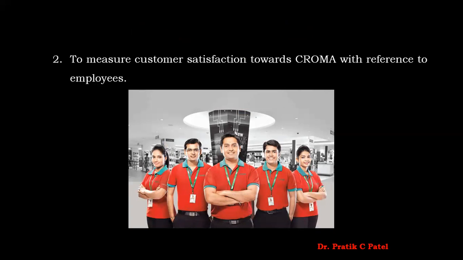Second group of variables was with regard to employees. So you can write the second research objective as to measure consumer satisfaction towards Chroma with reference to employees of Chroma. For employees of Chroma, we have identified 3, 4, 5 variables like knowledge of employees, problem solving ability of employees, and so on.